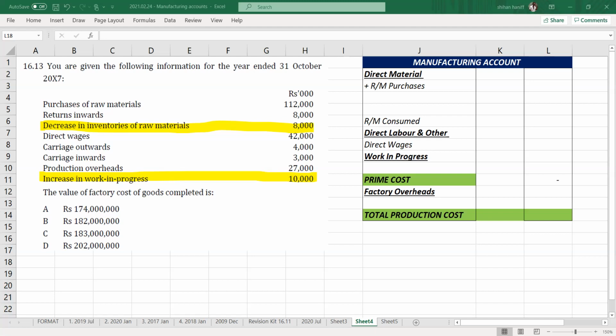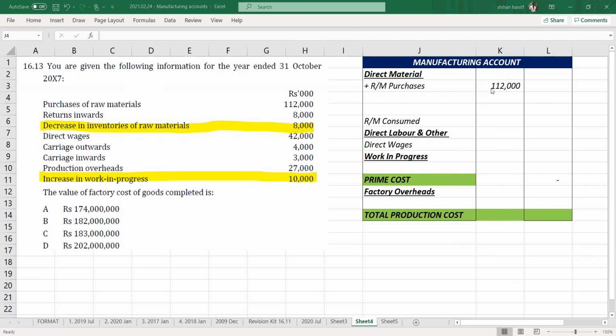So shall we check the answer? Purchase of raw material, 112,000. Return inwards.